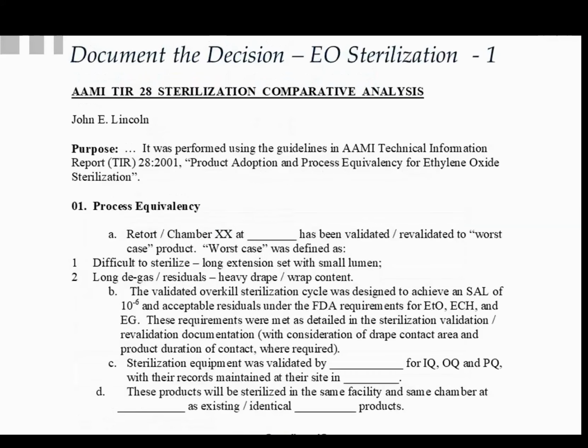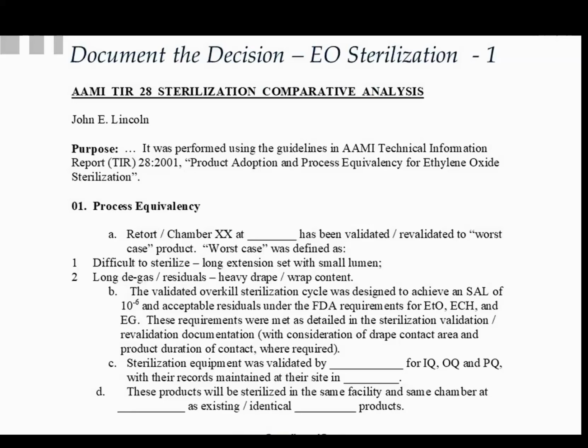If you're dealing with sterilization changes, you may be able to do an analysis, your Tier 28 analysis, AAMI Tier 28 analysis. Get the document itself, the AAMI Tier 28 document, and go through it.